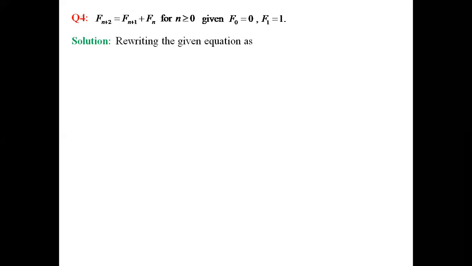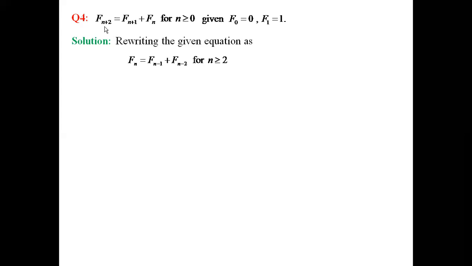But we observe that I have expressions with respect to n plus 2, n plus 1 and n. So we are trying to rewrite the given equation as f n equal to f n minus 1 plus f n minus 2 for n greater than or equal to 2.